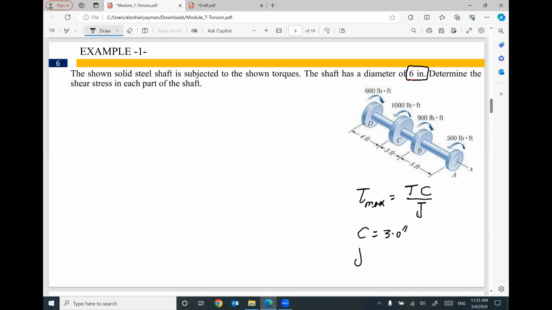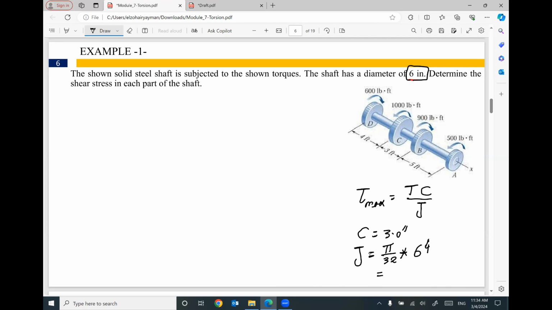The value of J, we have a solid cross section. So the value of J will be pi divided by 32 times the diameter of the cross section to power 4. So J will be pi divided by 32 times this diameter to power 4.